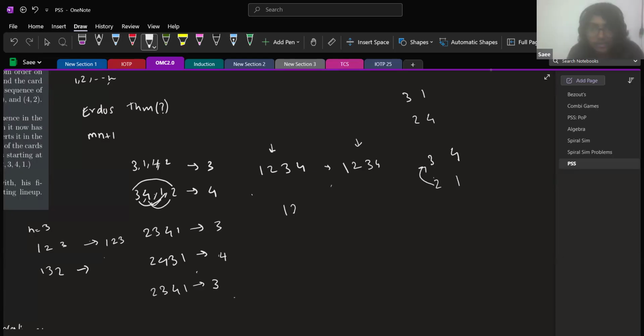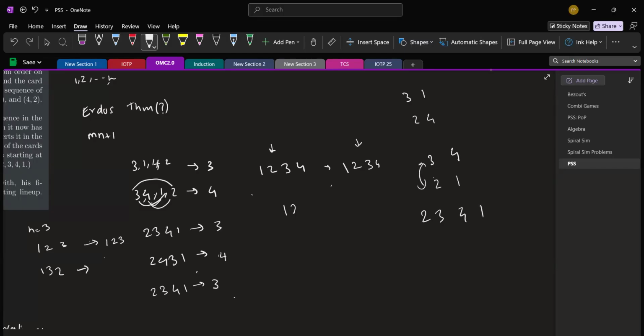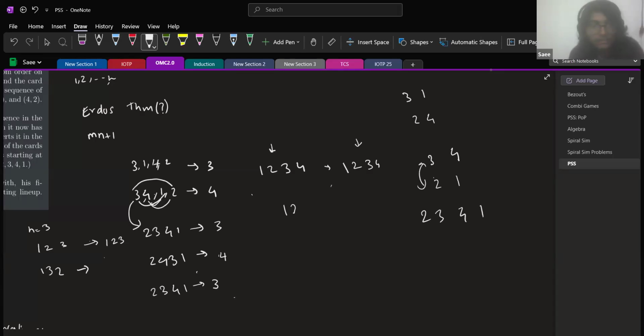No. The top cell is not going down. This is becoming 2, 3, 4, 1. I meant 2 and 3 are not getting swapped in each step that we do it, that's the only thing that's happening. So look at this step, going from 3, 4, 1, 2 to 2, 3, 4, 1.